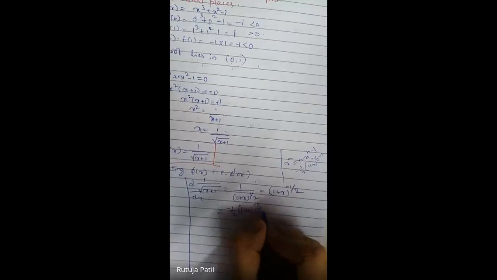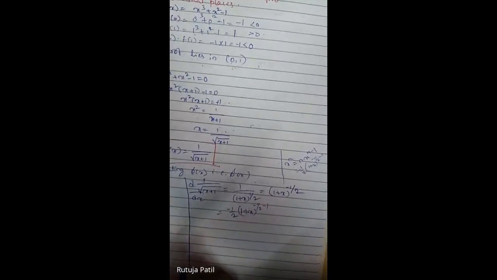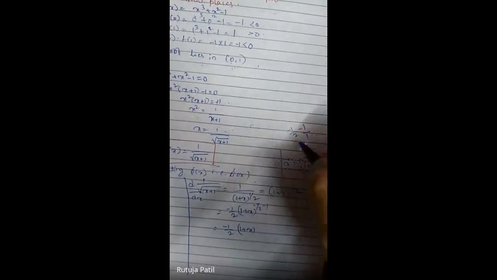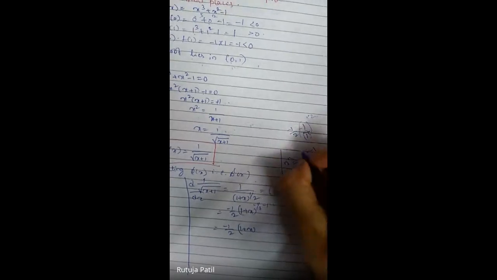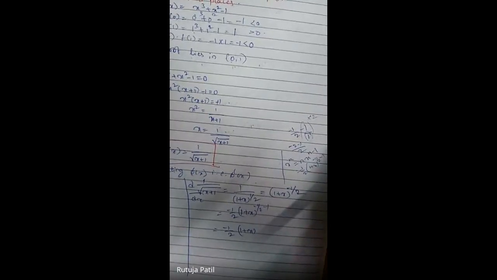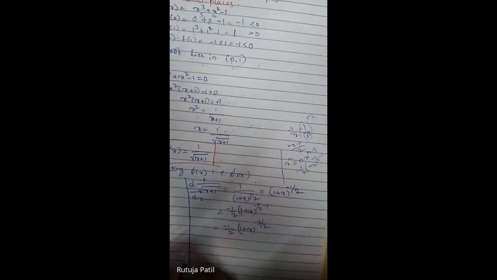How much will you get? Minus 1 divided by 2, 1 plus x to the power minus 1 by 2 minus 1. Since the denominators are not the same, I have to make this 1 as 2/2, so multiplying by 2 we get minus 2 minus 1 divided by 2, that is nothing but minus 3 divided by 2.